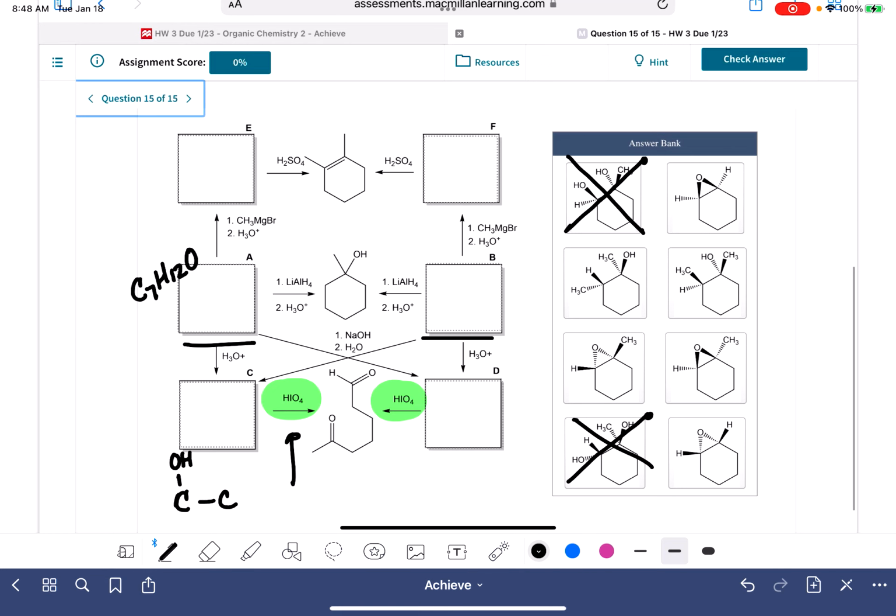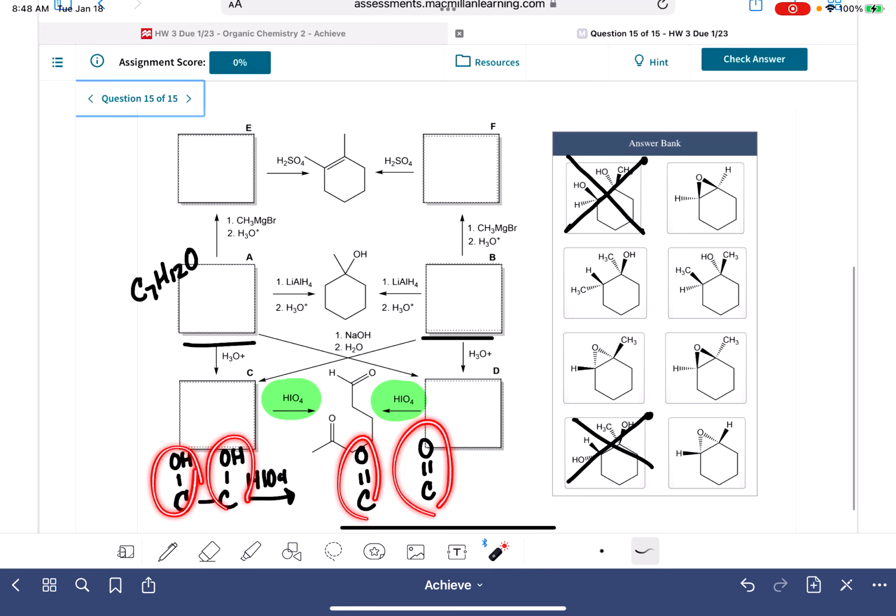So that would be molecules that have OH groups on adjacent carbons, and it converts them. HIO4 breaks that carbon-carbon bond, and it converts those oxygens into carbonyl groups right there. So it breaks the carbon-carbon bond, and it converts the carbon oxygens into carbonyl groups.